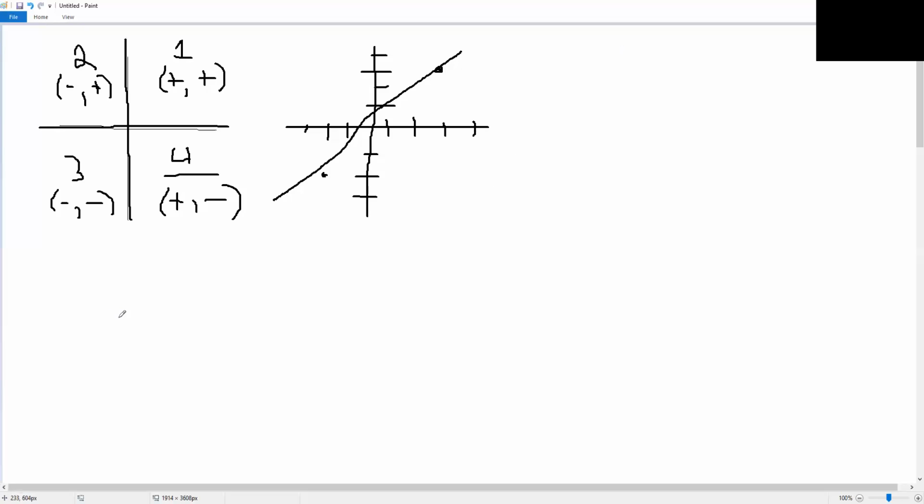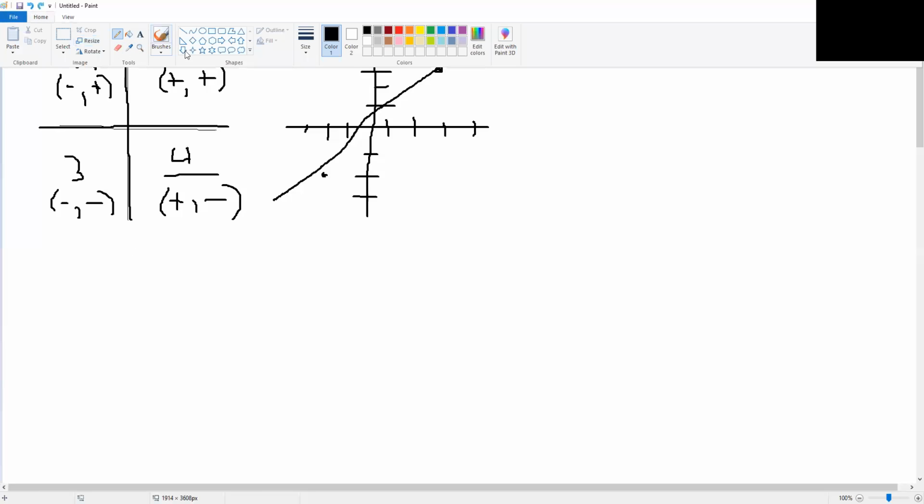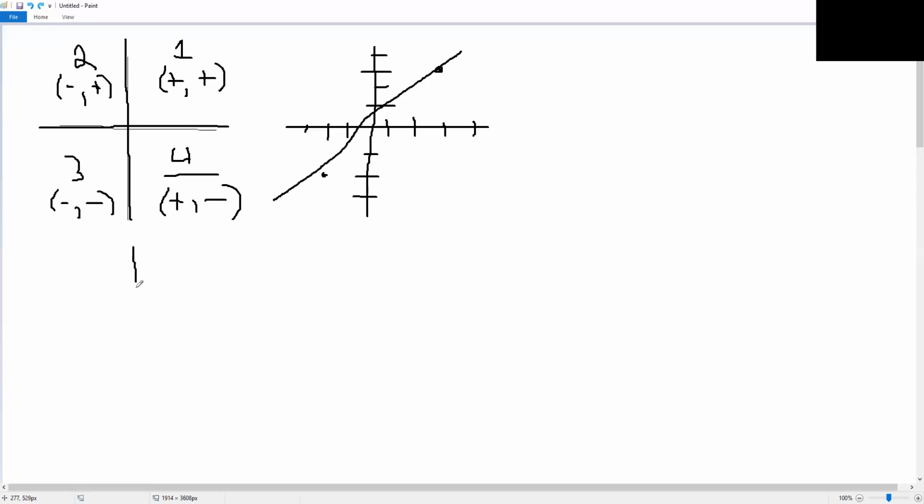Speaking of that, there are 4 different slopes that you guys should remember. There is the line that goes this way. Oh, this is horrible. Oh well, you're just gonna have to deal with my horrible lines.